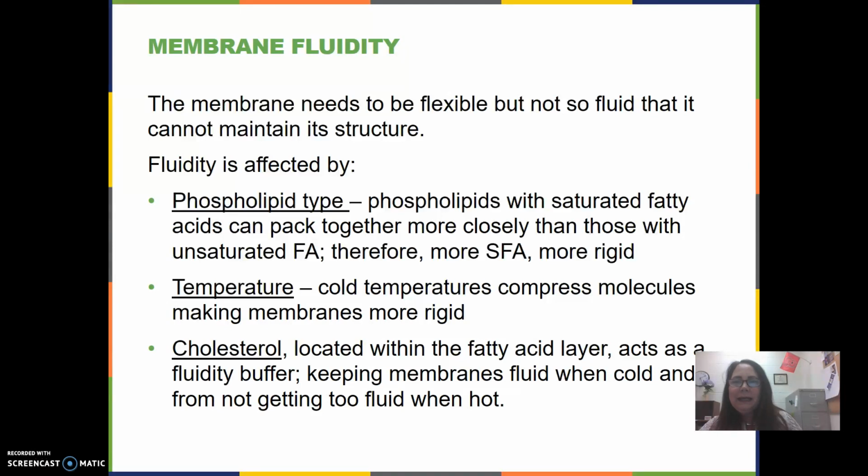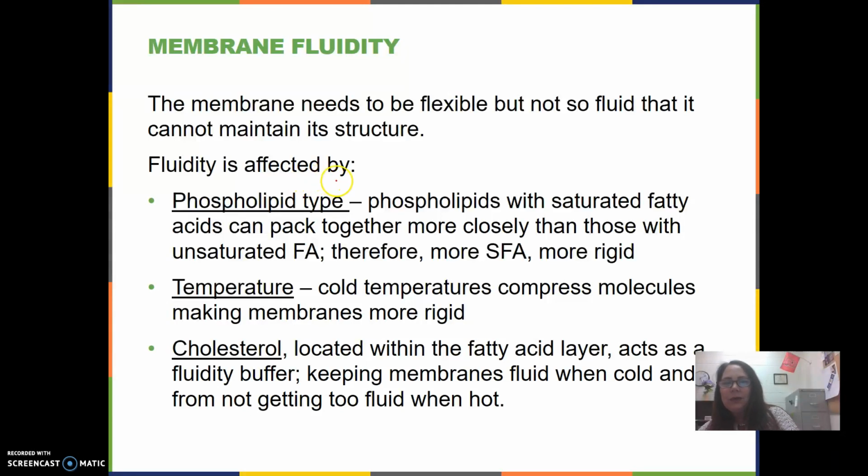The fluidity of the membrane is affected by different things. It needs to be fluid, but it doesn't need to be as fluid as water. It needs to have a little bit of sturdiness to it. So it's got to be flexible, but also be able to maintain its structure.